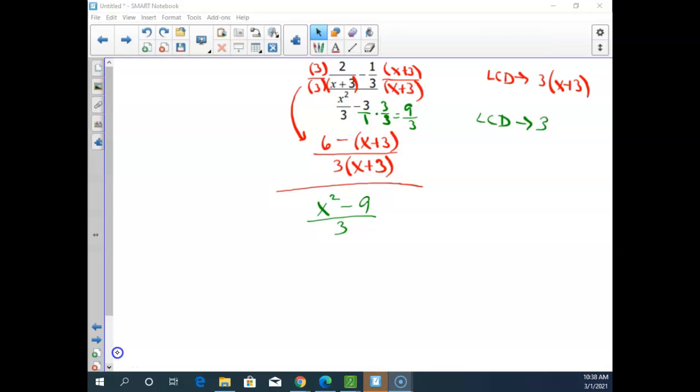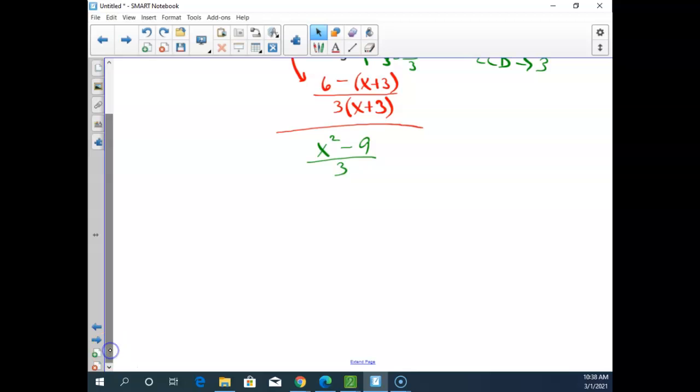But we are now to the point where we have a fraction on the top and a fraction on the bottom. But there's a lot going on with these fractions, so let's give us a little bit more space. In the numerator, x minus x plus 3, well, that becomes 3 minus x over 3 times the quantity x plus 3.